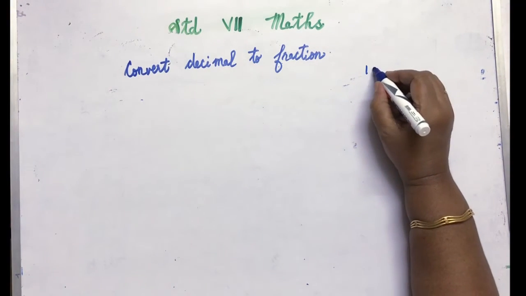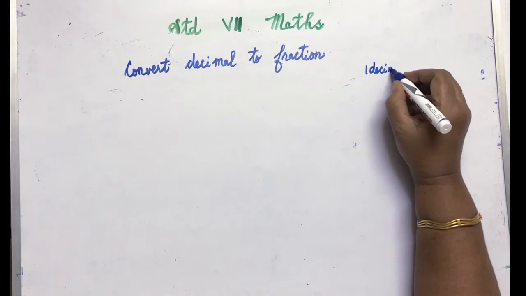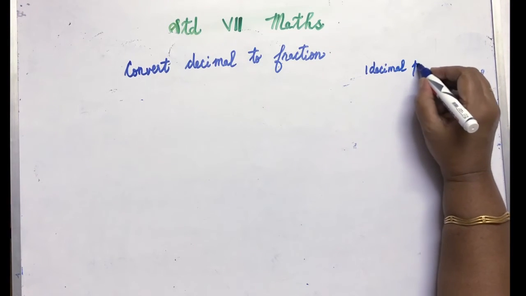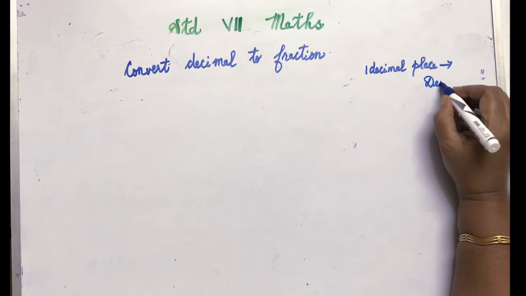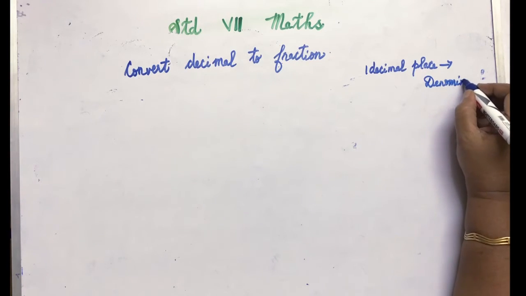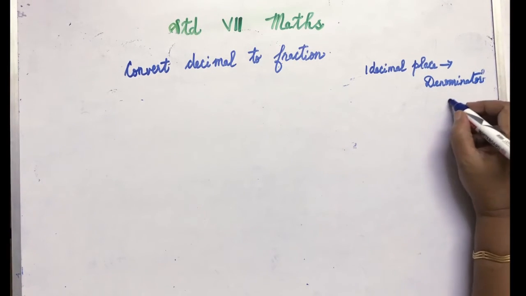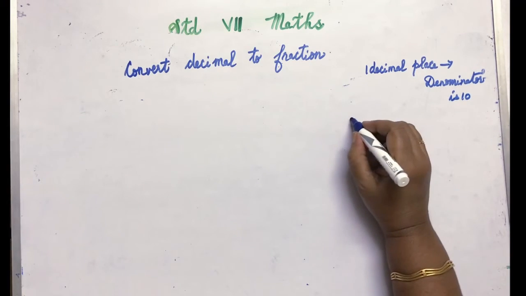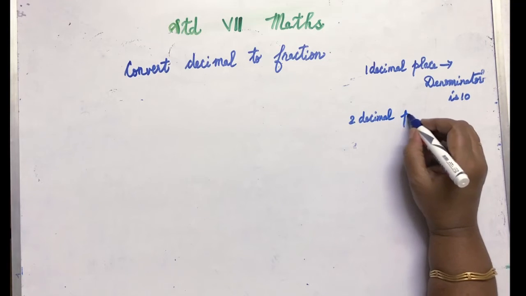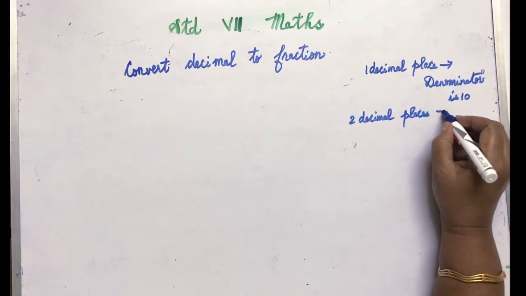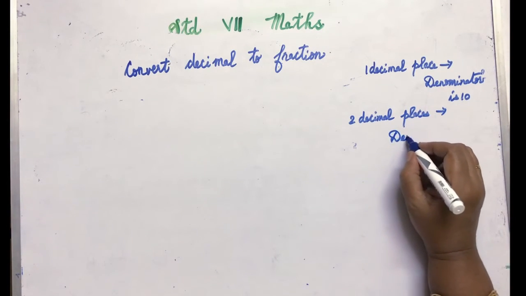If there is one decimal place, that is after the point, if we have one number, denominator is 10. If we have two decimal places, denominator is 100.